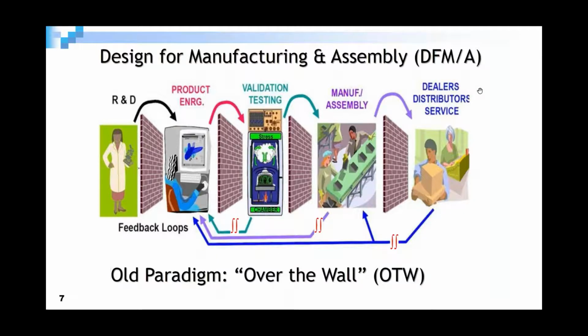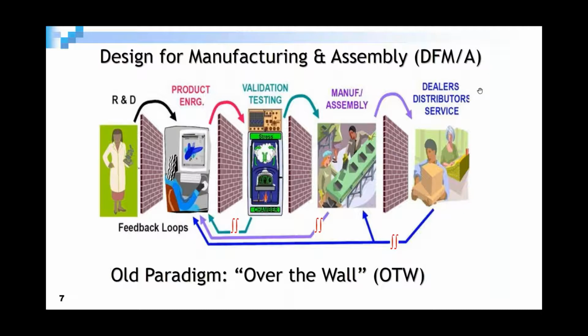The old paradigm over the wall is still, unfortunately, the way people address from concept to design to manufacturing, assembly, and even field service. And we would love to have these feedback loops. The only feedback loop that seems to be really, really efficient is the warranty, where you have dealers and distributors, and if something goes wrong under warranty, that certainly gets all the way back.